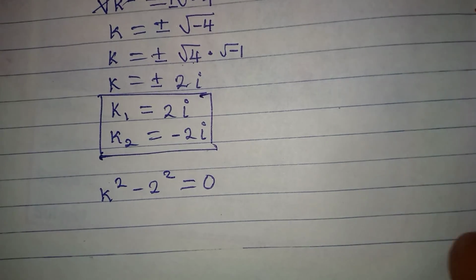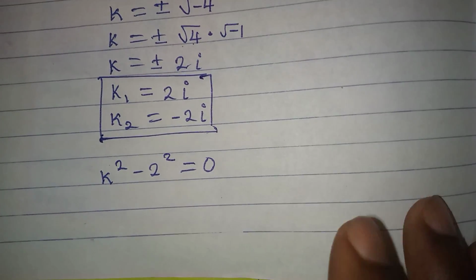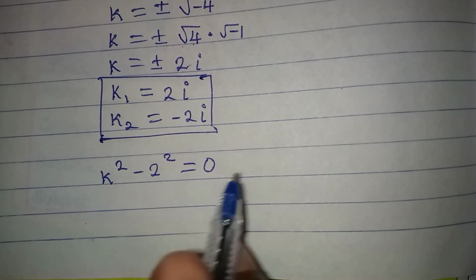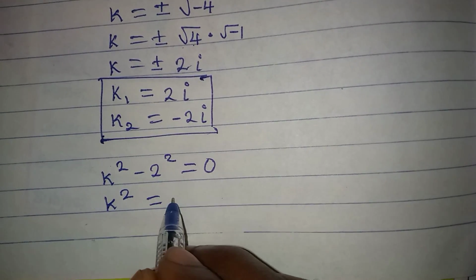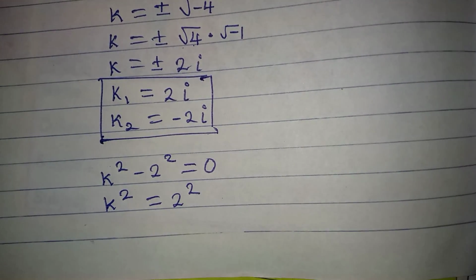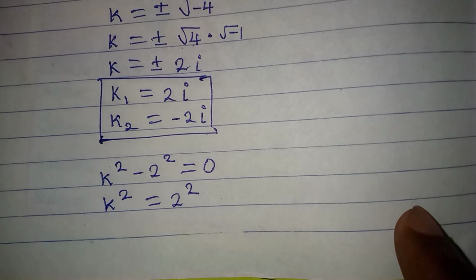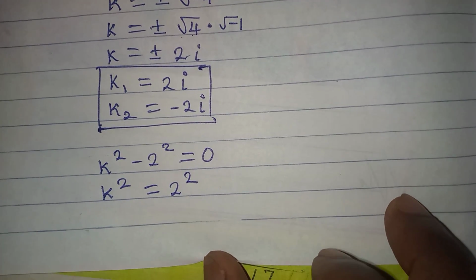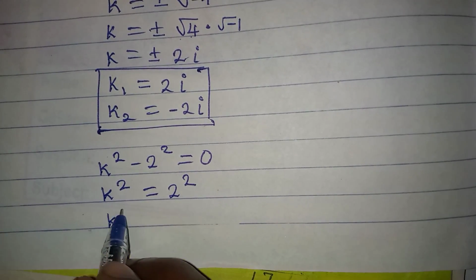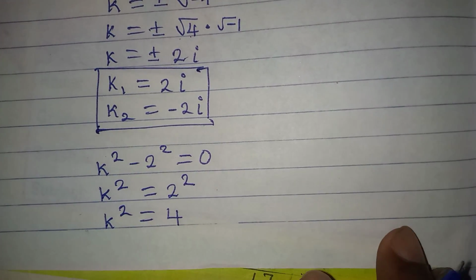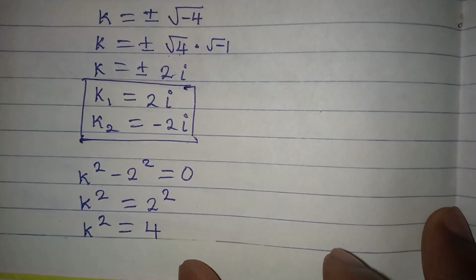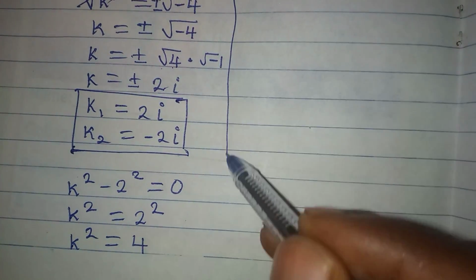Or if you don't want to apply difference of two squares, why don't you take this negative 2 squared to the right? So we have k squared equal to 2 squared. In this case, we will no longer apply difference of two squares, meaning that k squared is equal to 4.